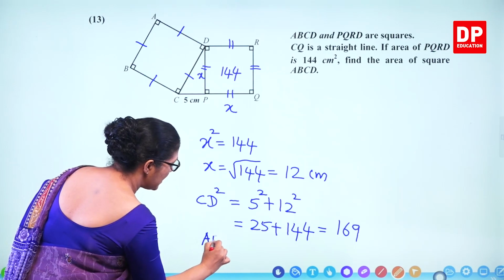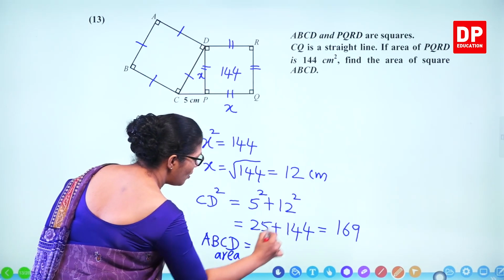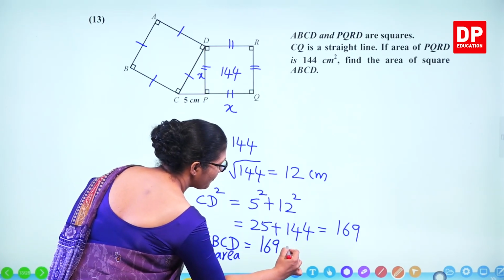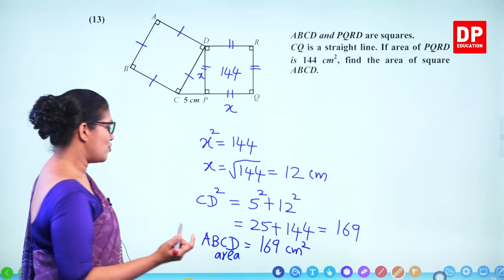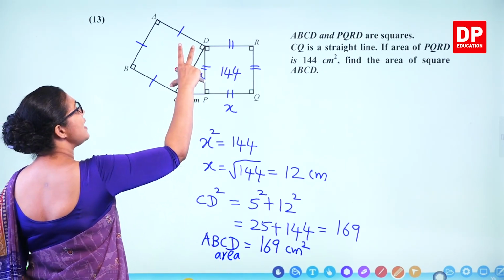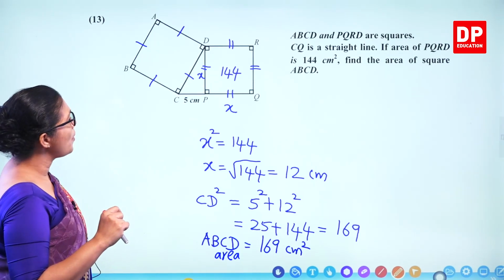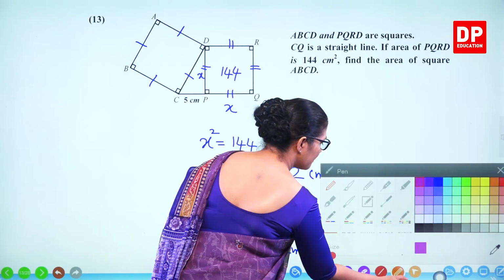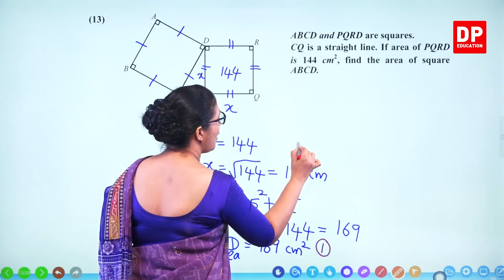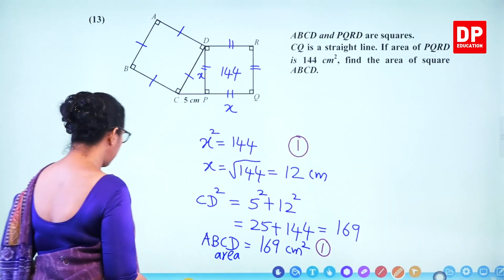So the ABCD square area is equal to 169 centimeters squared. Because you don't need one side, you need this into this. That's the area of the square. So 2 marks: 1 mark for the method and 1 mark for the answer.